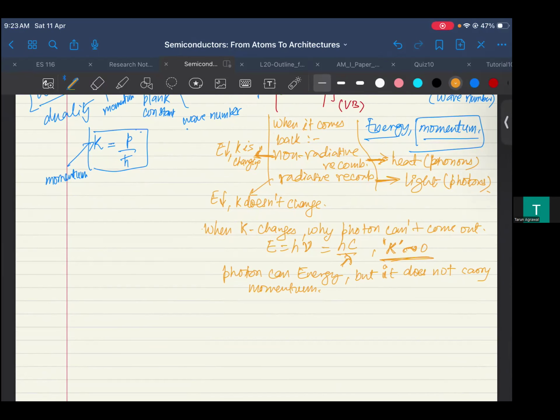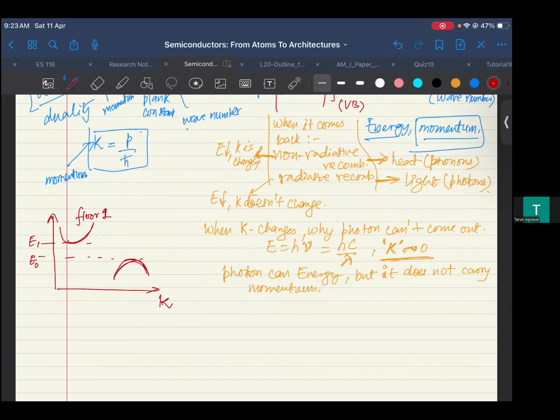So, if you have an electron which is coming from here, let me draw in the space of E and K. Let's say this is energy and this is my K. Let's say there is a floor 1 here, and the floor 0 is here, because that is what the two energies mean.